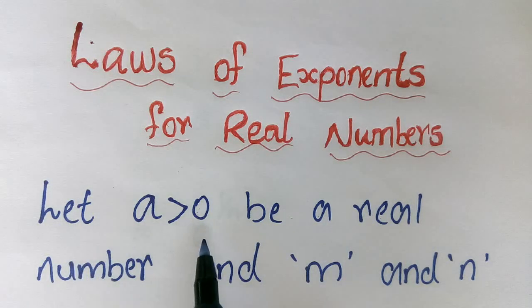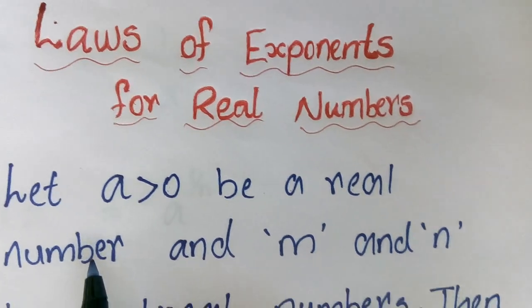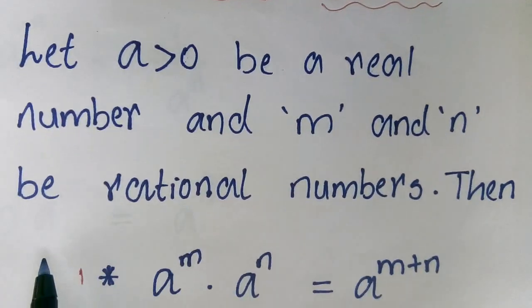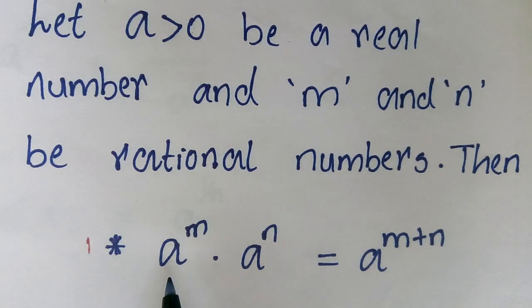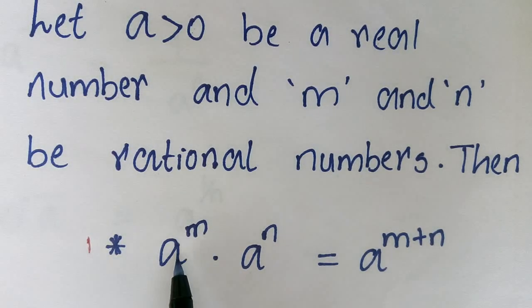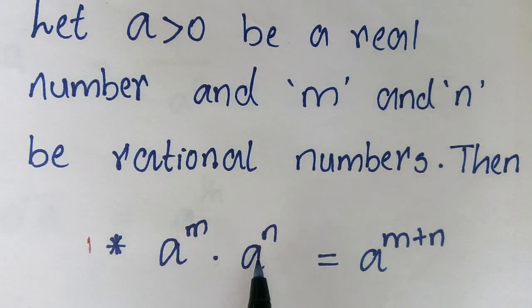Let a greater than 0 be a real number and m and n be rational numbers. Children, how to read this? You can read it as a raised to the power m or a to the power m. So the first law is a to the power m into a to the power n is equal to a to the power m plus n.